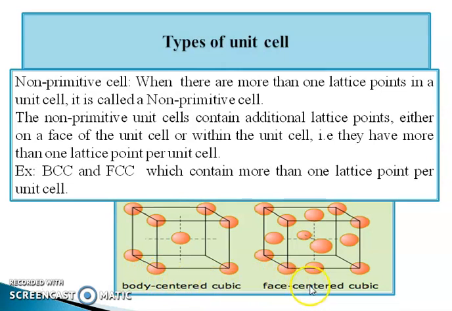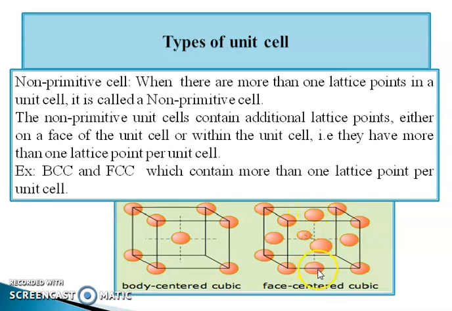And in face-centered cubic structure, as per its name, in addition to these 8 corner points, we have 6 more lattice points on the 6 faces of the unit cell. This one lattice point is on the top surface.